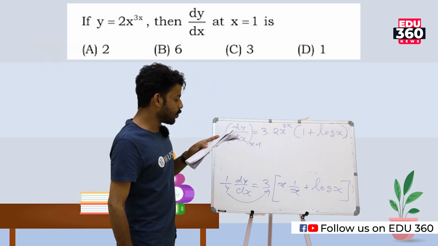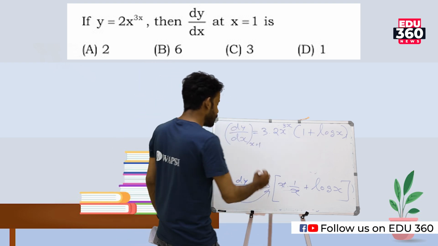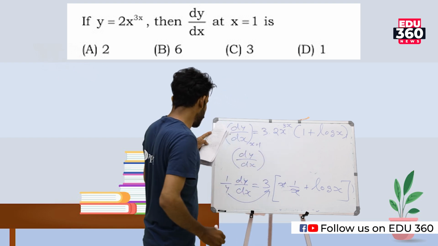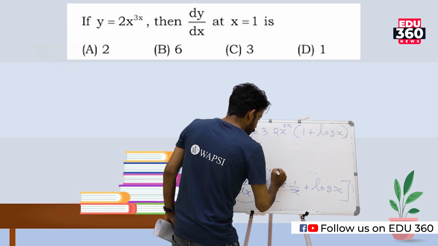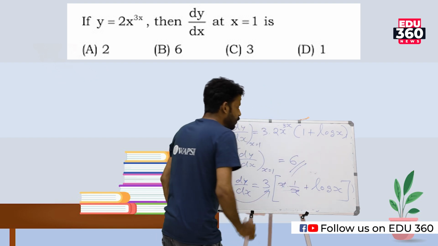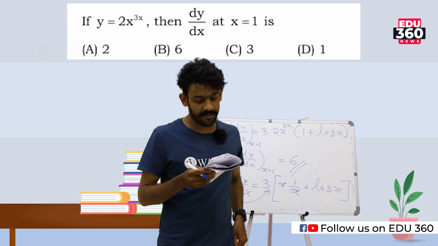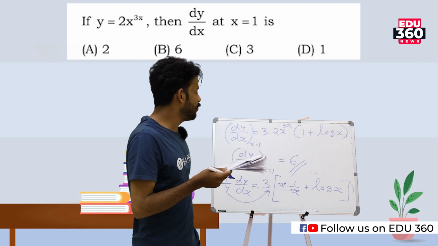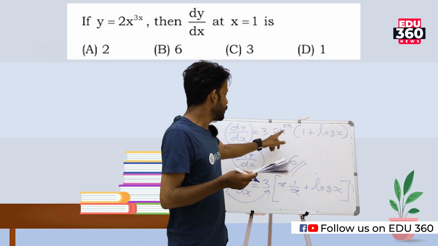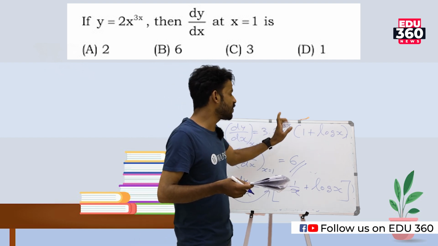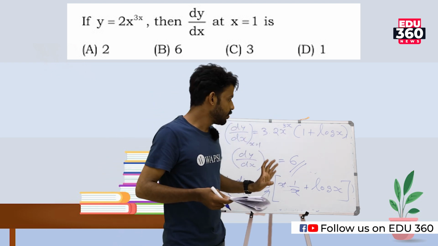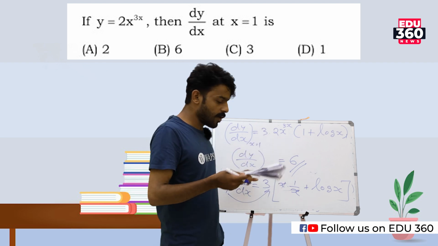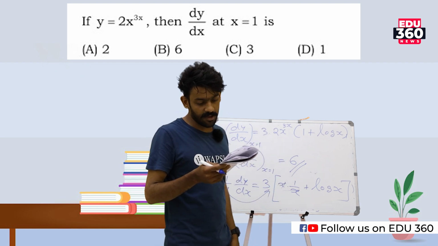At x is equal to 1, the answer is 3 into 2, that is 6. The other terms are 1 raised to any power, which is 1, for example 1 raised to 100 or 1 raised to 20 is 1. So dy by dx at x is equal to 1 is 6.